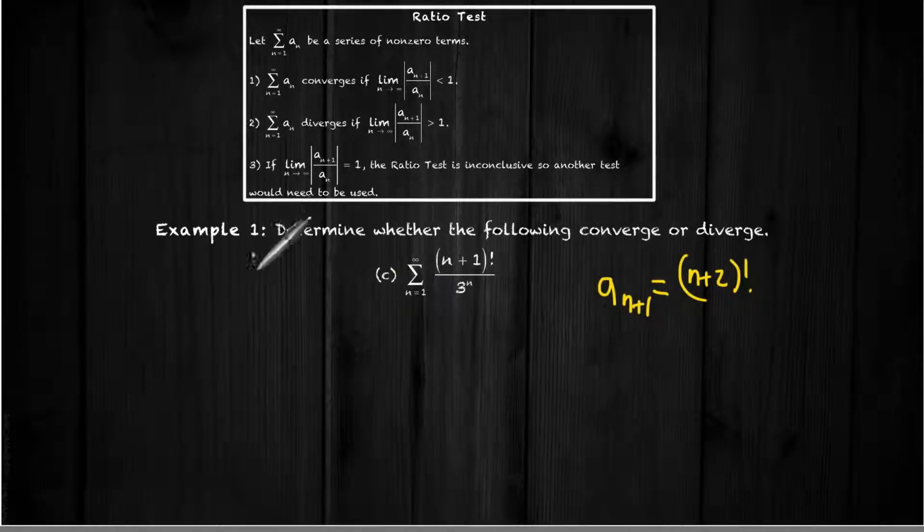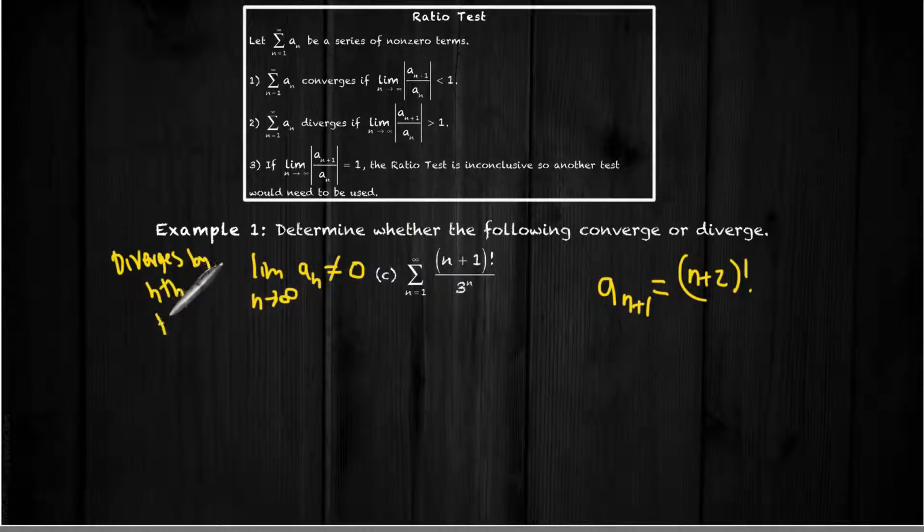So the limit as n approaches infinity of a sub n, this is the quickest way to do this problem, is not equal to 0, so it diverges by the nth term test. However, we are studying the ratio test, so we're going to use the ratio test.